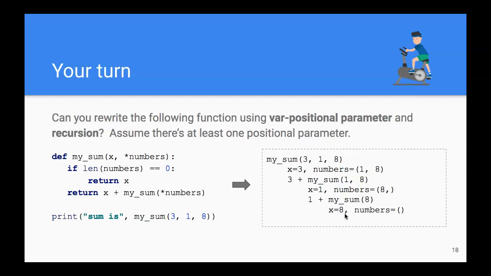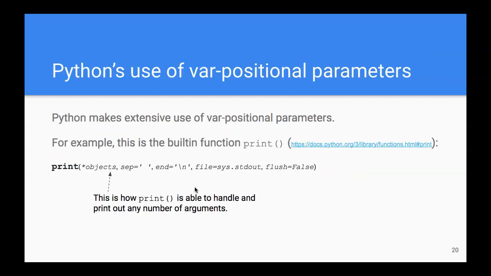In this case, it will return x, which is 8. So 8 is returned here, so 1 plus 8 becomes 9, and 9 is going to be returned up to this point, so 3 plus 9, and that will be 12, and that will be the answer of mySum 3, 1, and 8.